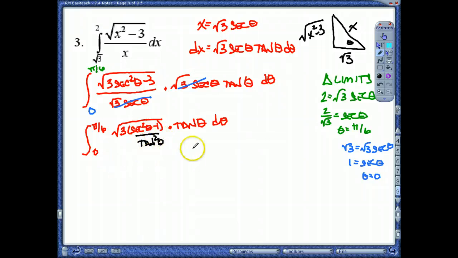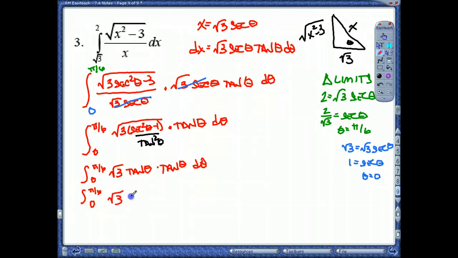So I have square root of 3 tangent squared. I'm going to take that tangent out; the square root of 3 is going to have to stay. So I have 0 to pi over 6, square root of 3 tangent times tangent, which gives me square root of 3 tangent squared.